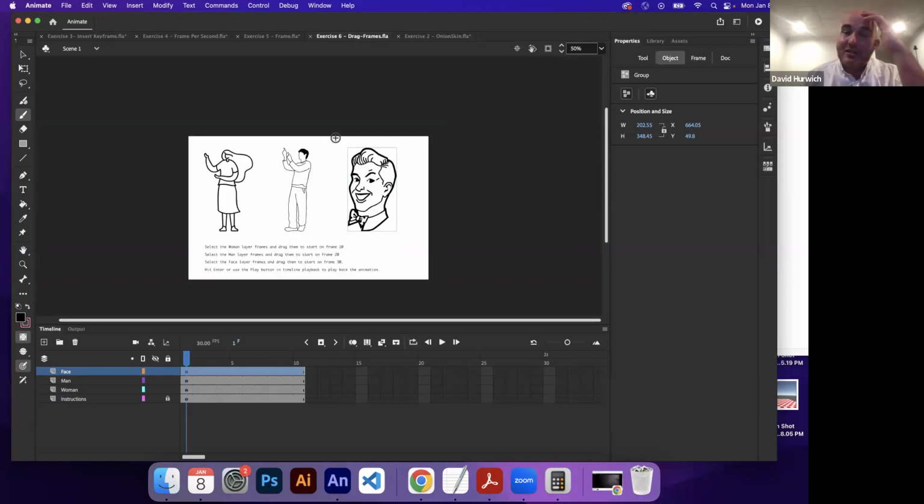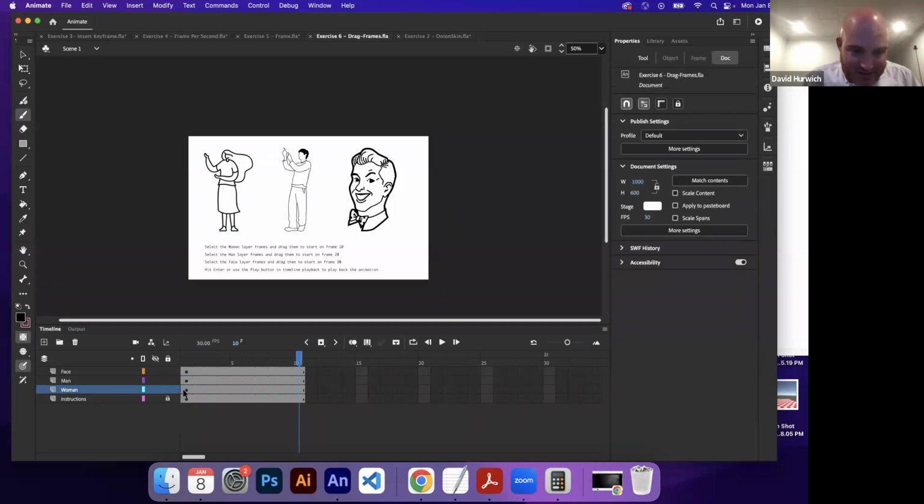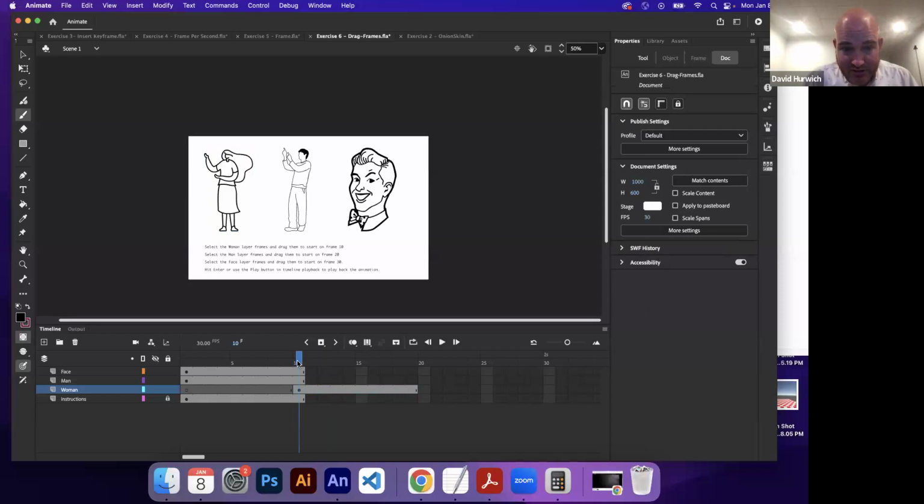Finally, you can extend out the length of something using a frame. We don't always necessarily want all of our animations or characters to start at the same time. So I have this woman, this man, and this face. I'm going to select this whole area by clicking and holding down the shift key, and have it start on frame 10.